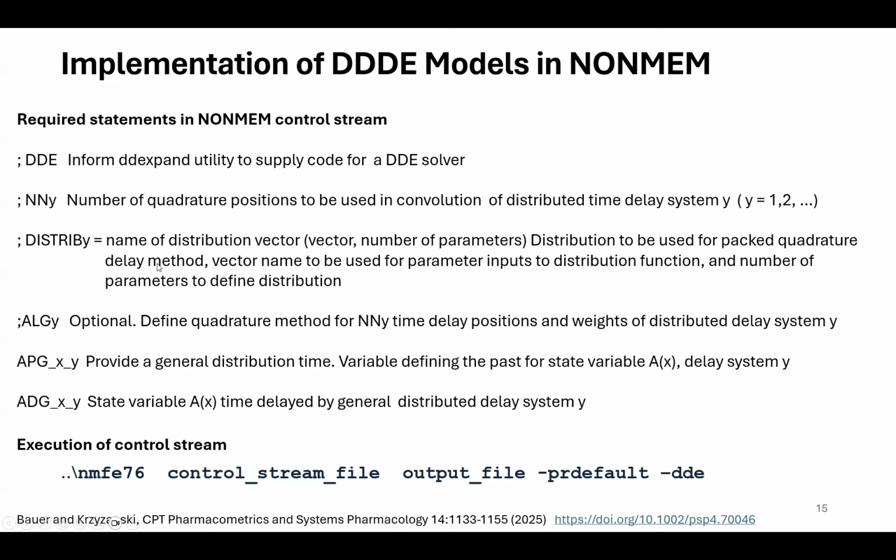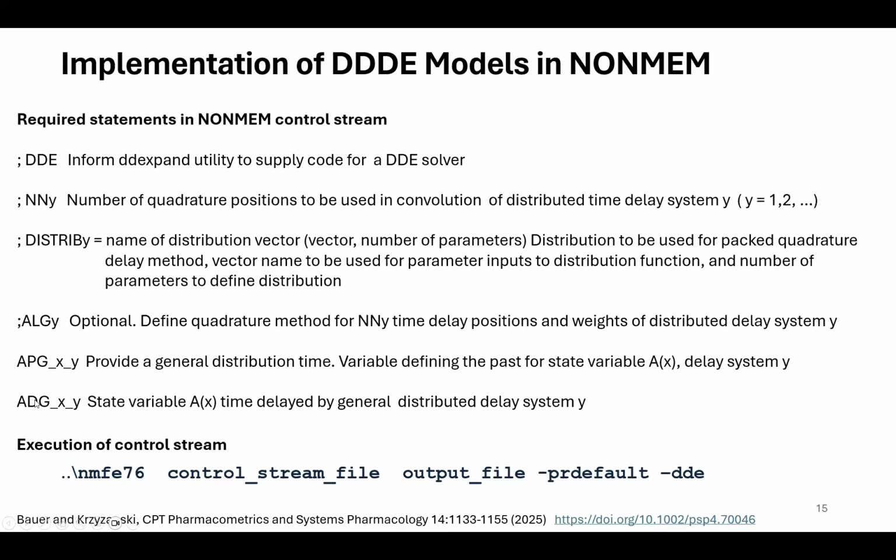But I haven't done more than 1 yet. And this example I have for you also has just one convolution, so Y becomes 1. And the path is provided using this APG variable. X stands for the state that is supposed to be delayed, and Y is the number of convolutions that you have in the model.